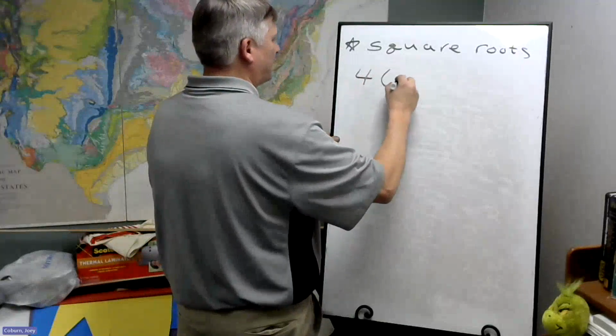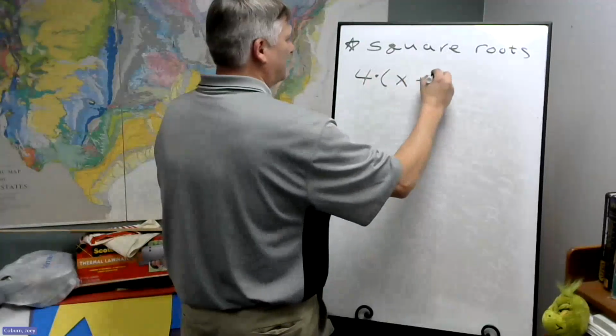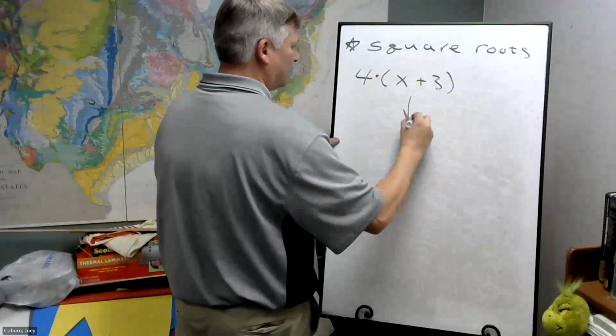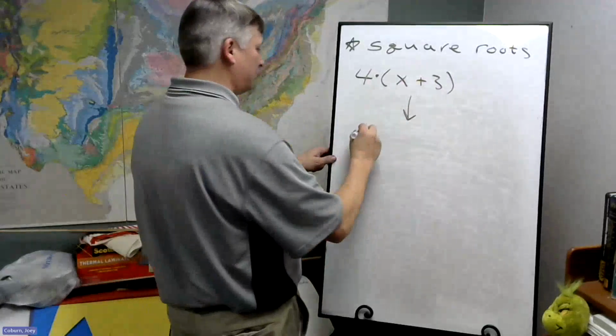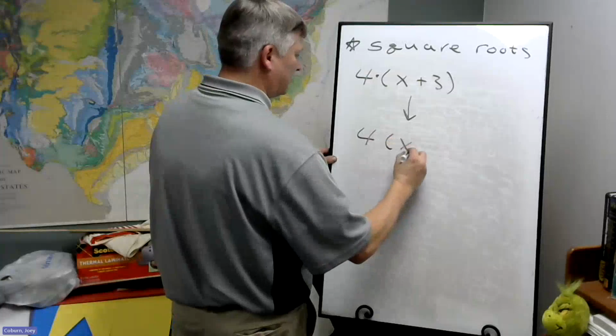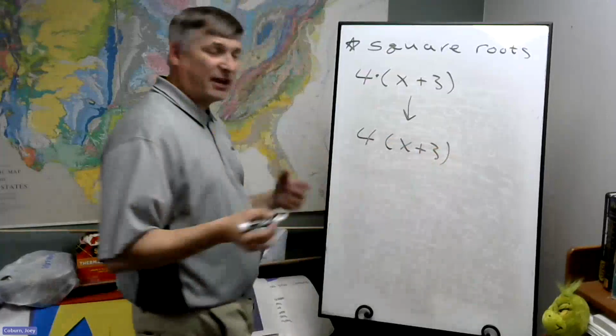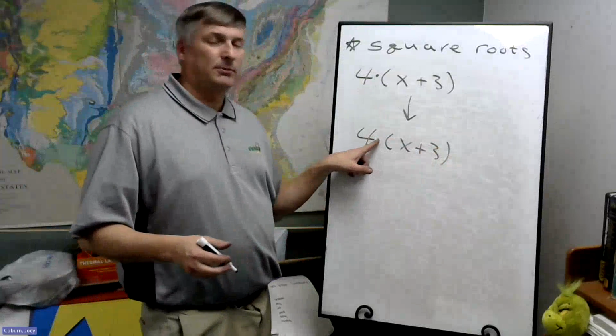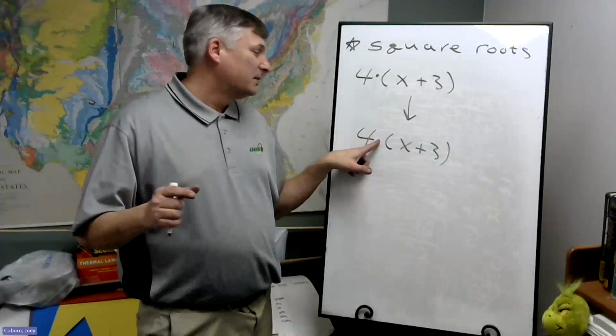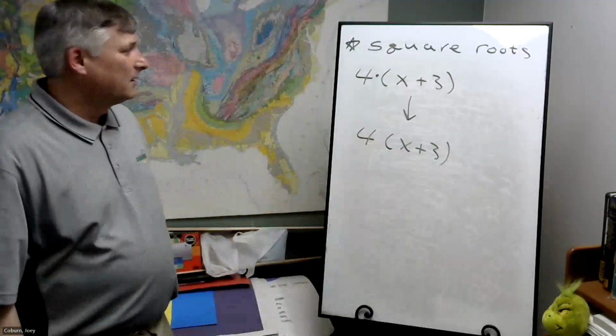Recall that when we have 4 times x plus 3, we can write this as 4 next to the parentheses x plus 3. Once again, the multiplication sign is invisible. It's still there. With square roots, it's the same thing.